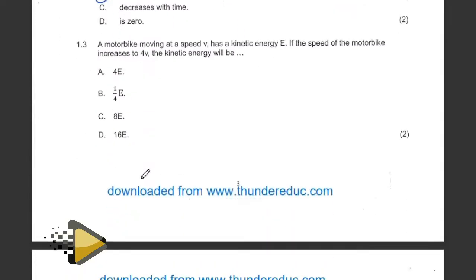Then 1.3: a motorbike that's moving at a speed of V has kinetic energy E. If the speed of the motorbike increases to 4V, what will the kinetic energy be? From the formula of kinetic energy, EK is a half mv squared. That will be a half multiplied by m multiplied by 4V, all squared. Now I simplify this, I'll have a half m times 16V squared.